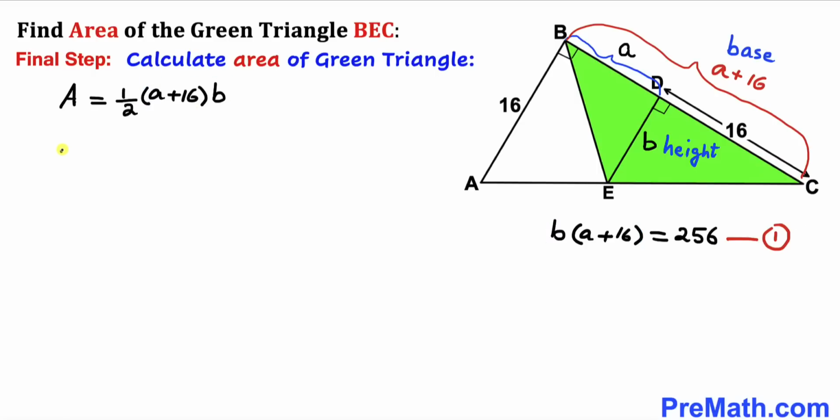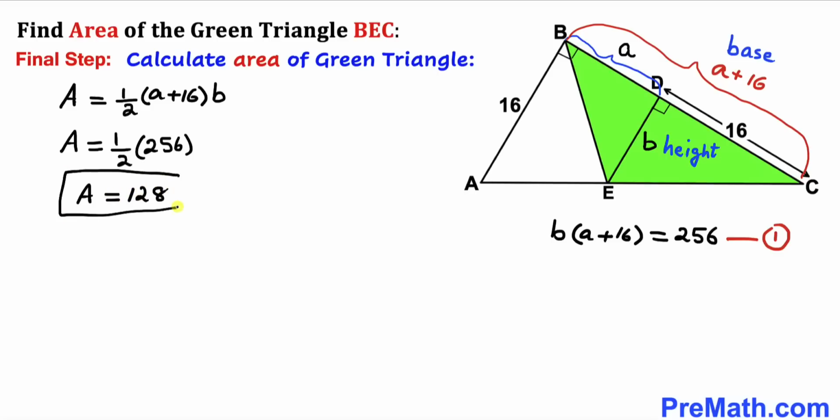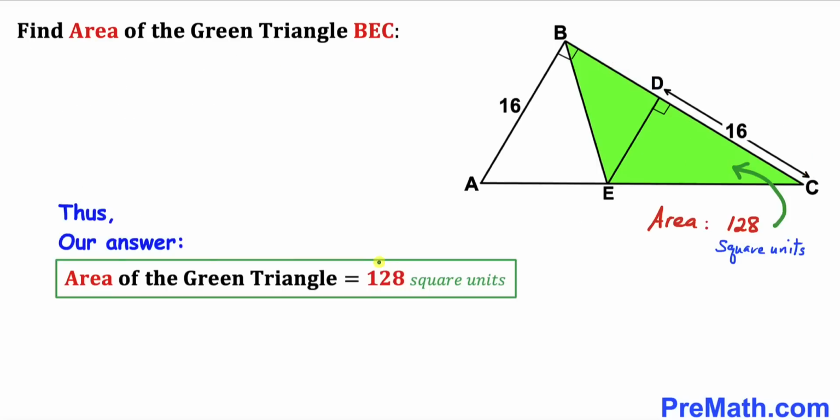So therefore the area is going to be a half times 256, or simply the area of this green shaded triangle turns out to be 128 square units. So thus the area of this green shaded triangle BEC turns out to be 128 square units. And that's our final answer.